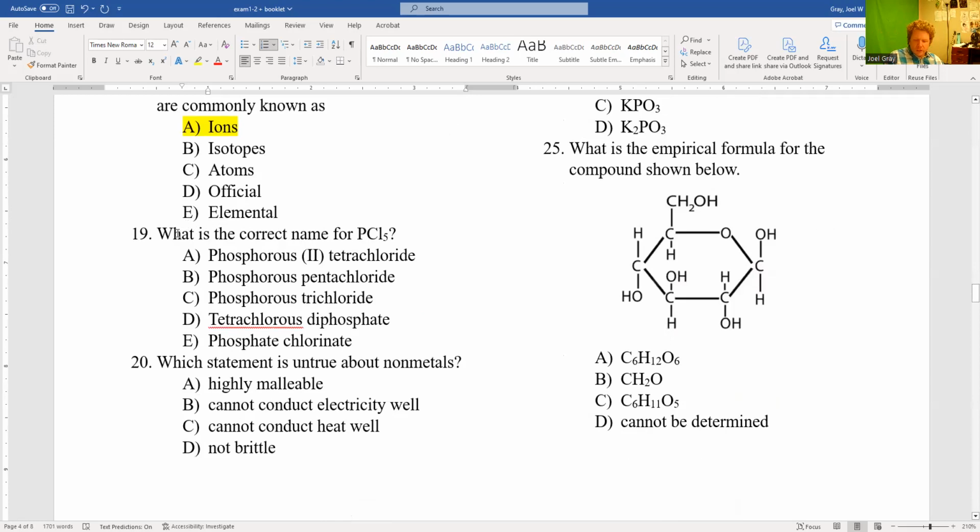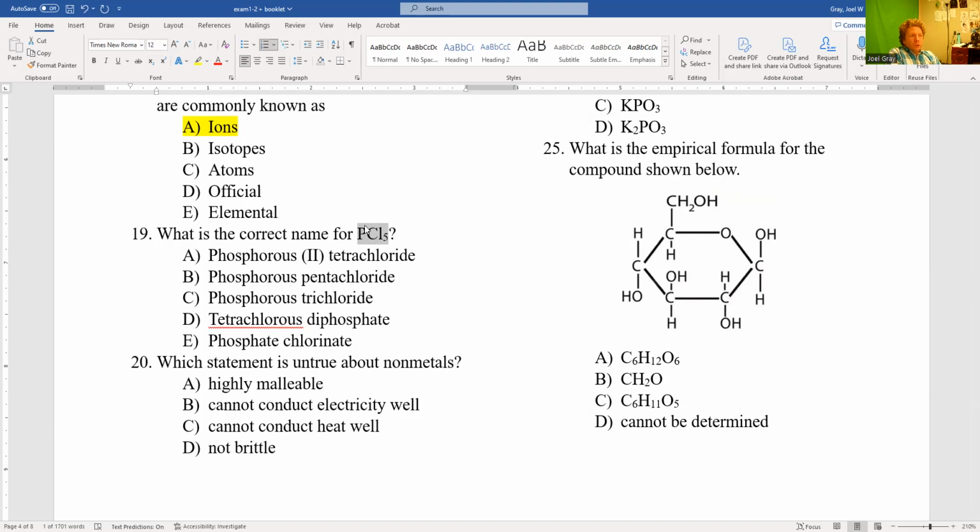Number 19, what is the correct name for PCl5? Okay, so P, phosphorus, is a nonmetal. Cl5 is a nonmetal as well. This is an example of a molecular compound, a covalent compound. And so we don't follow the ionic rules for naming ions.